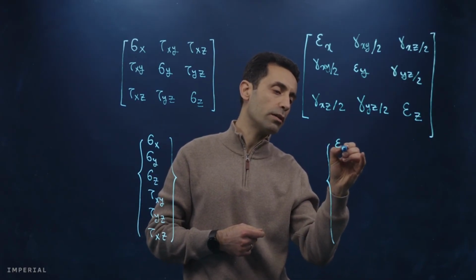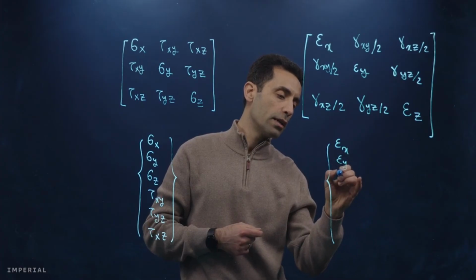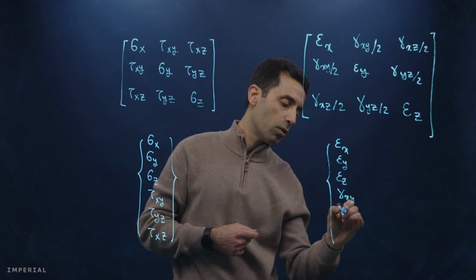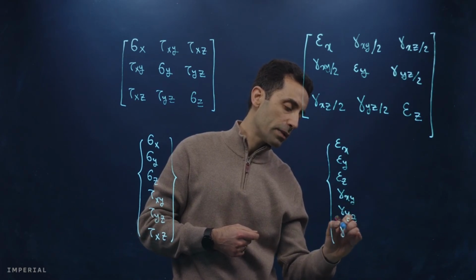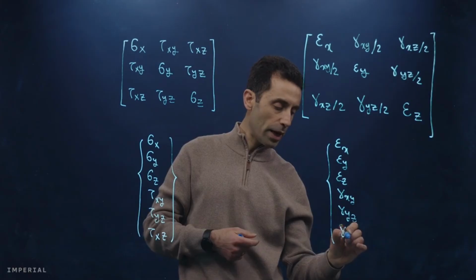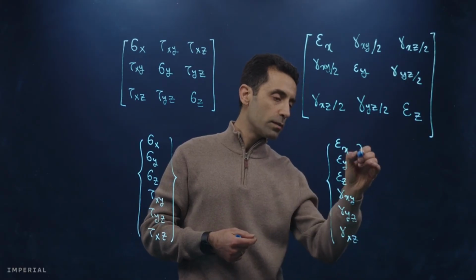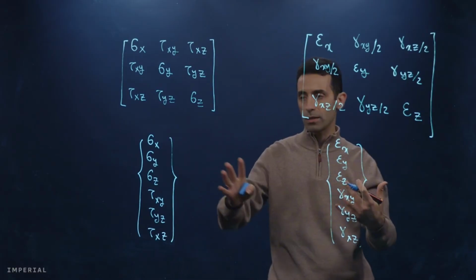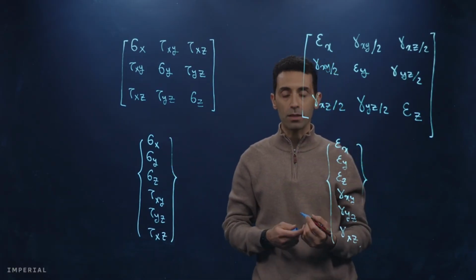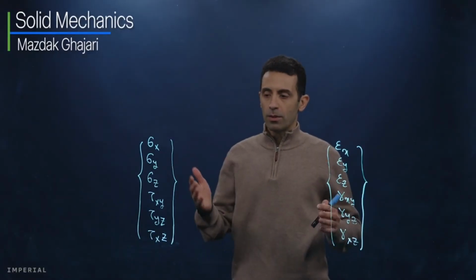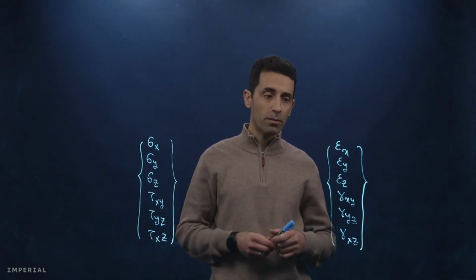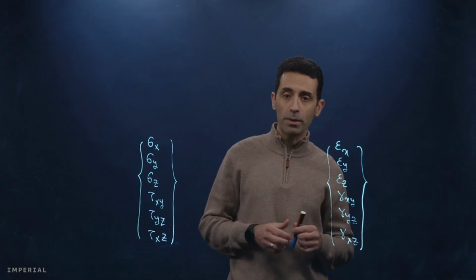So here we have epsilon x, epsilon y, epsilon z, gamma xy, gamma yz, and gamma xz. So you see, we have a corresponding vector of strains, and here we have the vector of stresses, 6 independent components each.